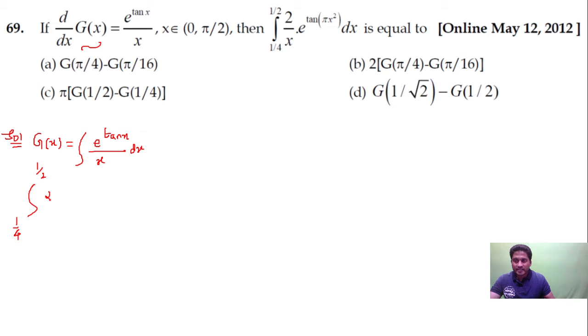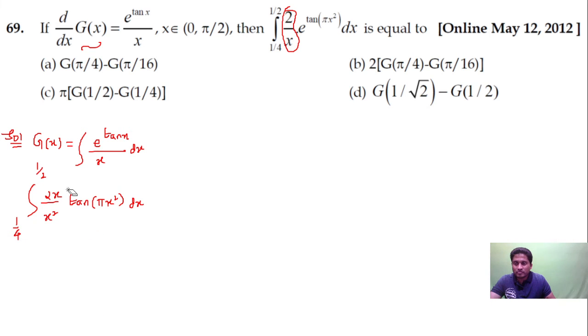I will write this as 2 by x square, multiply and divide by x, so 2x upon x square is the same as 2 by x. Then you have e to the power of tan of pi x square, dx.